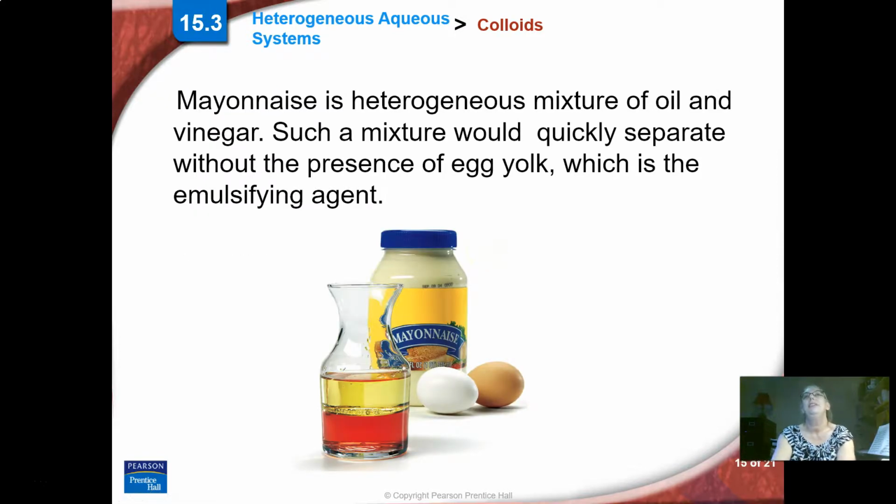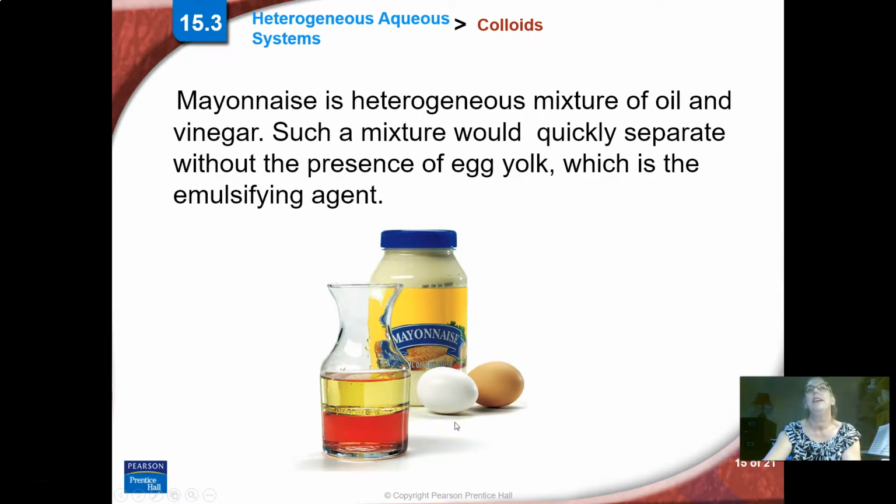So mayonnaise is a heterogeneous mixture of oil and vinegar, and it would really separate fast because oil and water don't mix, so vinegar is pretty much water. If you add an egg yolk and whip it all up, it will keep these two layers together, and it'll never separate. So mayonnaise you can keep in the jar in the fridge forever, and it never separates because this egg is able to keep these both together in one single phase instead of having two phases like that.